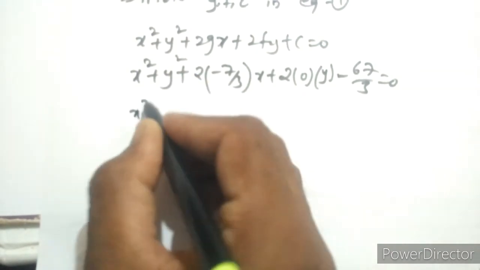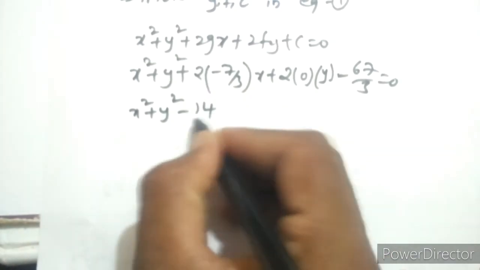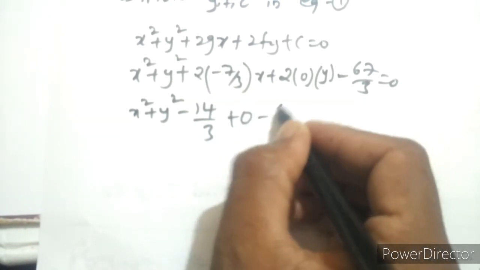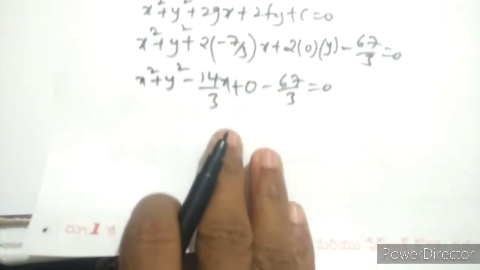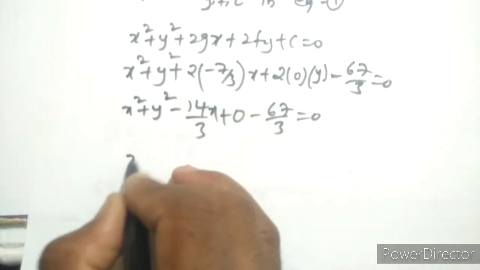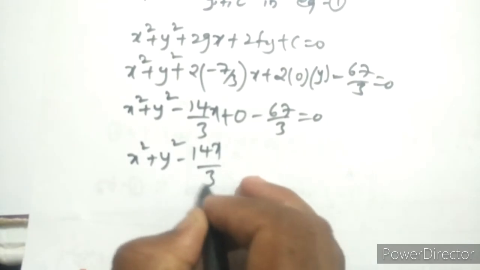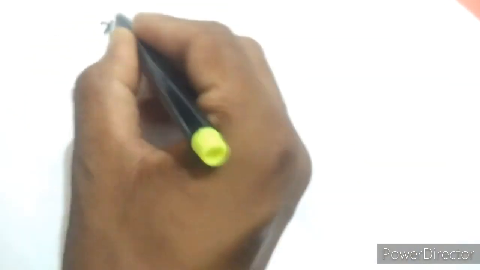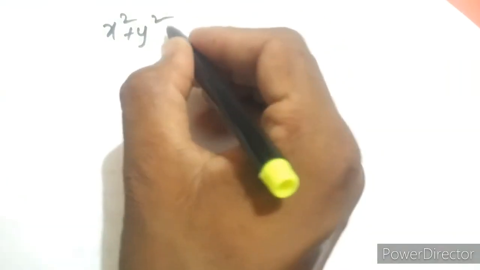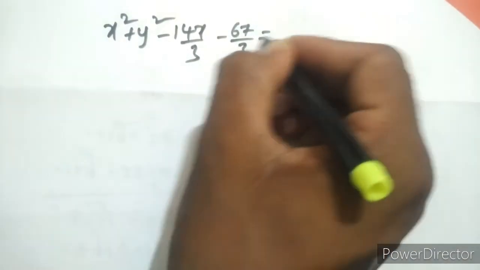So this becomes x square plus y square minus 14 by 3 x plus 0 minus 67 by 3 is equal to 0. So what is the answer? x square plus y square minus 14x by 3 minus 67 by 3 is equal to 0.